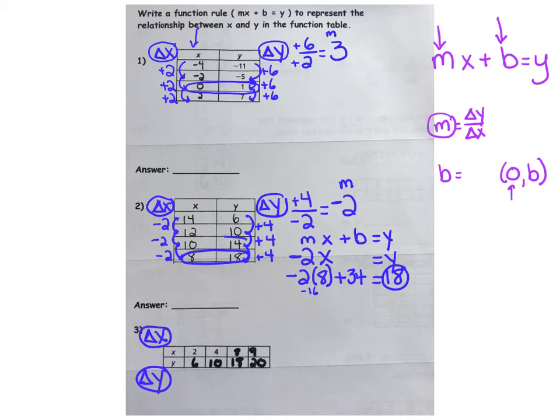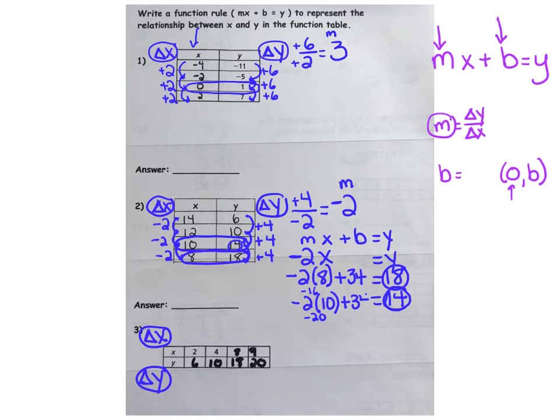Let's try another one. Let's try and connect 10 as an input value to an output of 14. Negative 2 times 10, blank, blank, equals 14. Well, negative 2 times 10 is a negative 20. What would you have to add in order to arrive at an output of 14?